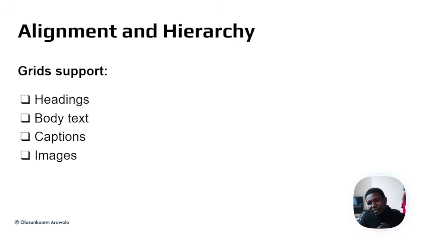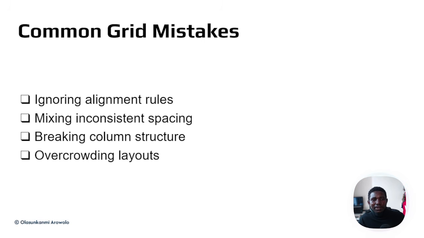Without hierarchy, readers will lose orientation in your text. So the common grid mistake is ignoring alignment rules. If you ignore alignment rules, you're failing with grids. Sometimes when you are moving your design on Canva, you see that there's a snap, an invisible line that appears. Those are grids.